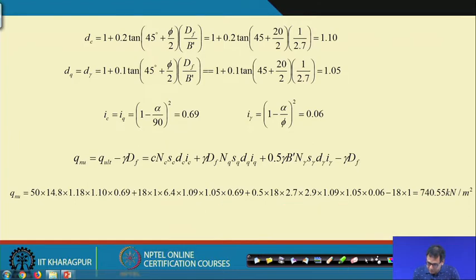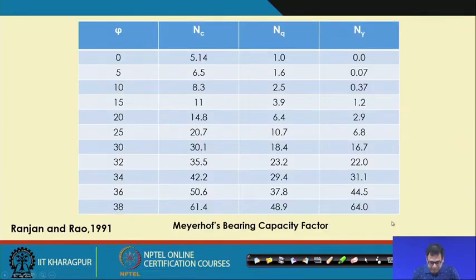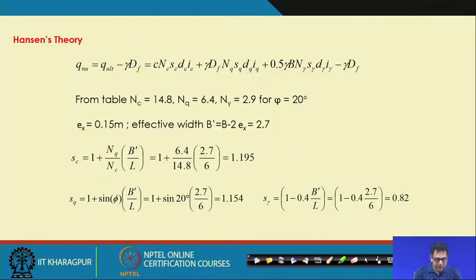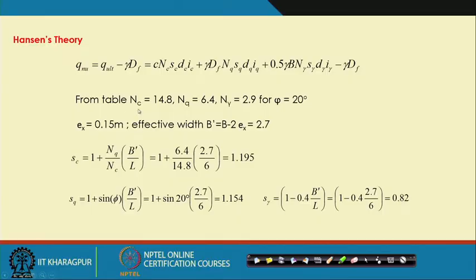Now, what I will do? I will go for the next approach, which is Hansen's theory. The basic theory is the same, only the correction factors, the shape factor, depth factor and inclination factor are different.